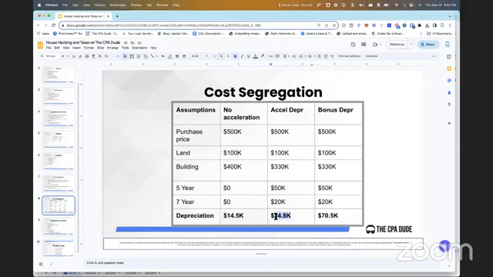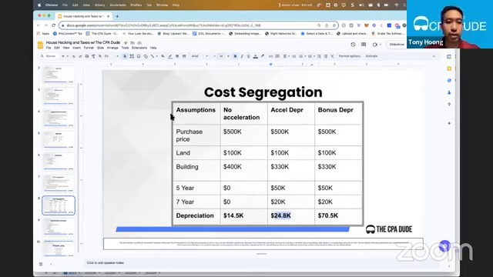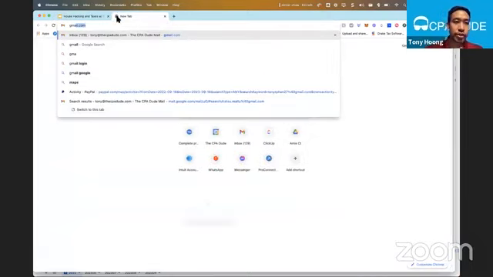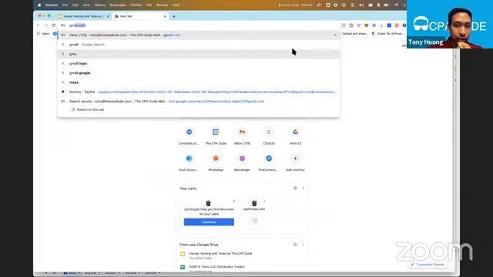Got it. And then there's another slight version of this too. It's not 100% real estate related, but since it sounds like you are on the W-2 side, let me stop share for a second.